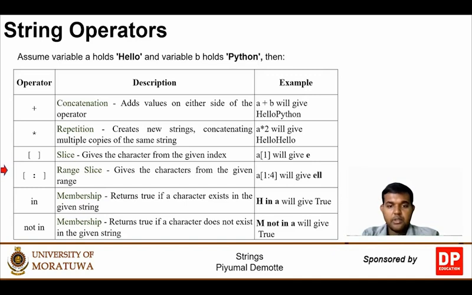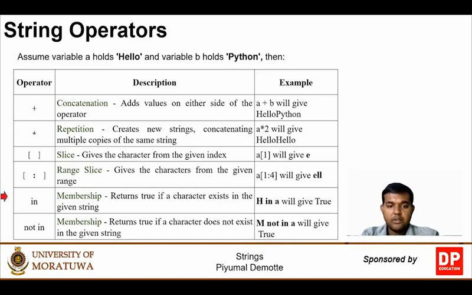If we want to retrieve a substring of variable a given the range 1 to 4, we can use the notation a square bracket 1 colon 4, which will return ell, the substring between indices 1 to 4, except the character at index 4.